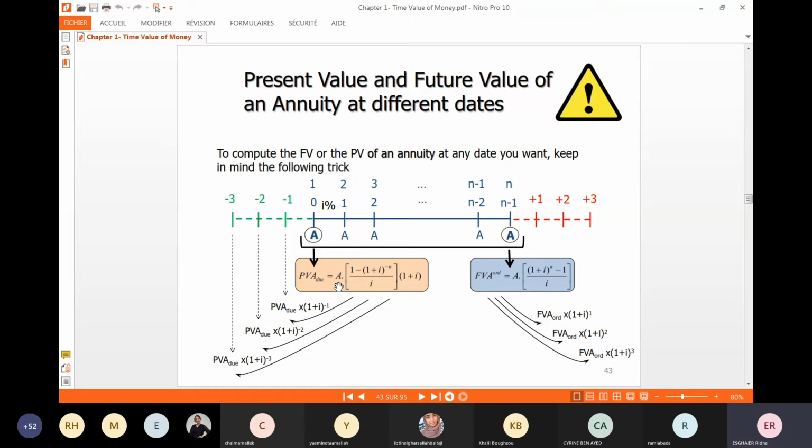But if the date at which I want to compute the present value is one period before the first A, I have to discount this for 1 year.